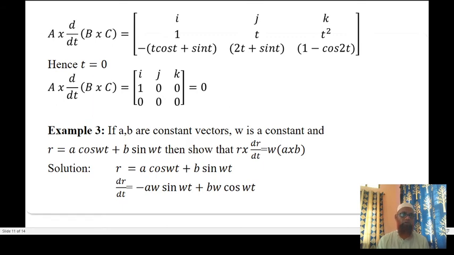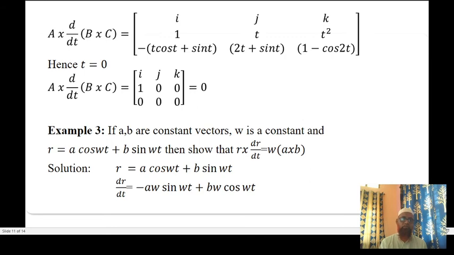So now a cross d by dt of b cross c equals the determinant with i, j, k, the coefficients of i, j, k of vector a, which are 1, t, t square, and the coefficients of i, j, k in d by dt of b cross c, which is also a vector function: minus t cos t plus sin t, 2t plus sin t, and 1 minus cos 2t.